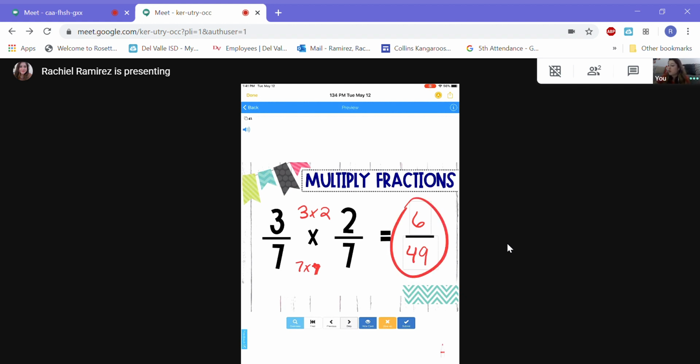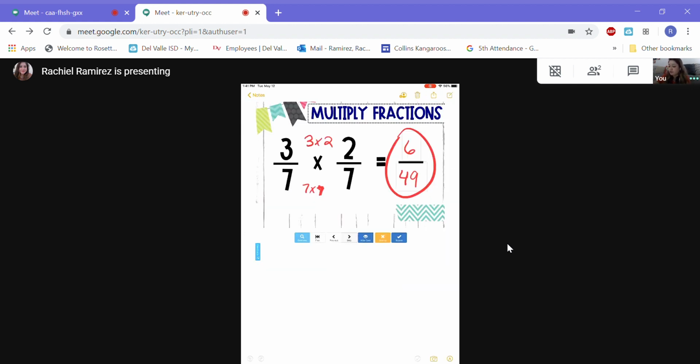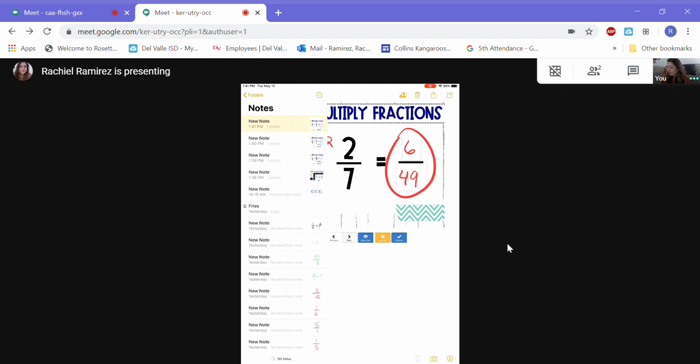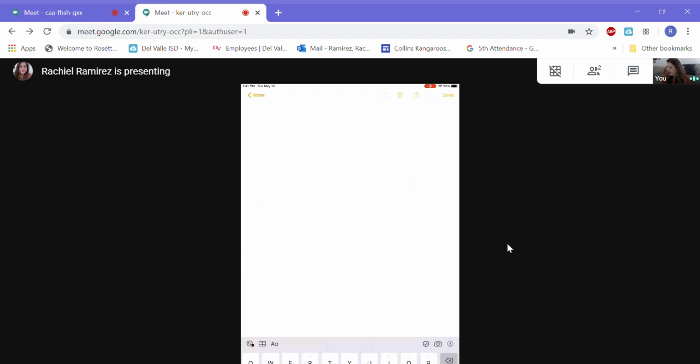Okay, one last thing. I'm not sure if these sets of boom cards have it, but I want to review if you have a whole number and a fraction. I've had a couple of questions on these.